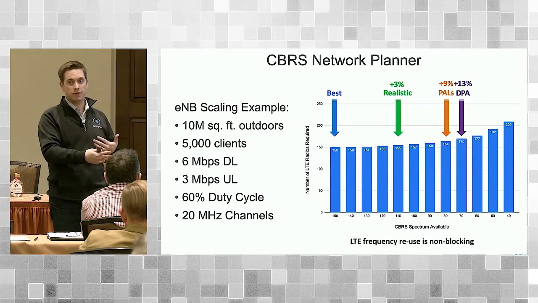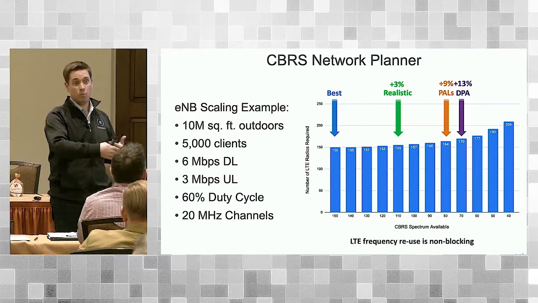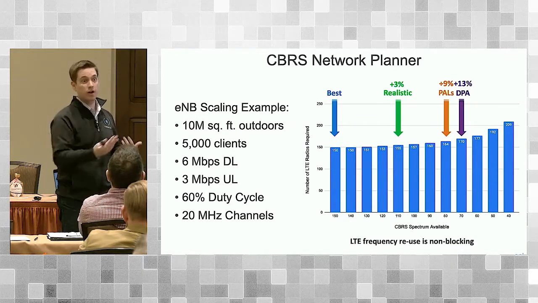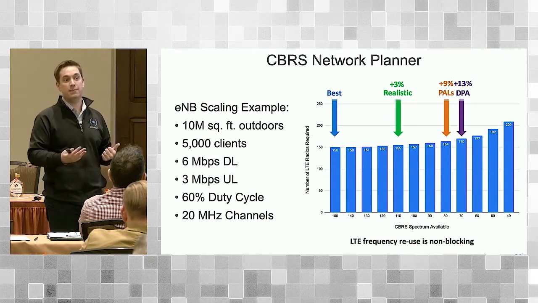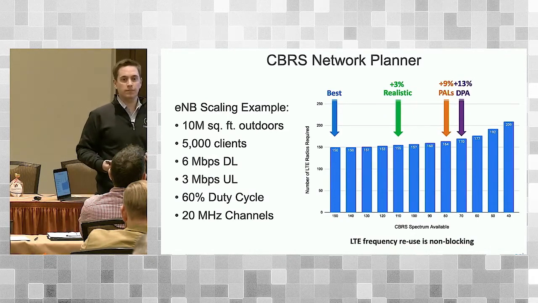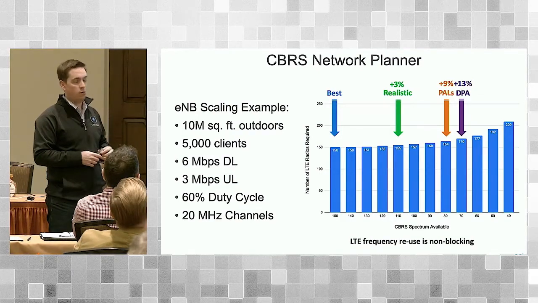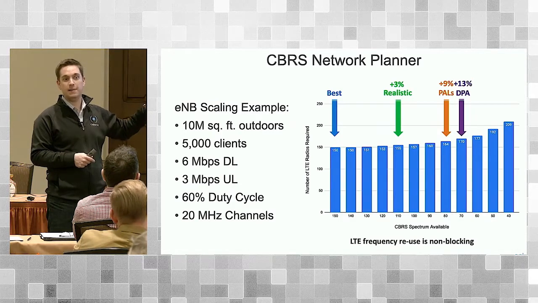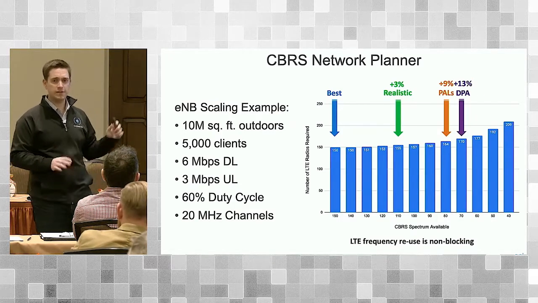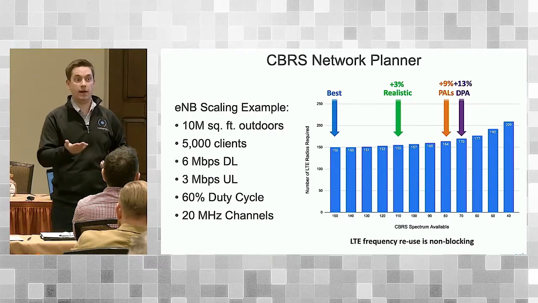Customers have budgeting and worst case scenarios: how much do I need to budget for? Well, let's budget as if all the PALs are taken, even though none are taken today, and I just need to increase my eNode B count by about 10%. It's not dramatic. So that's just to give you a flavor of what the planner takes into account as far as LTE frequency reuse and how that modeling is impacted. I don't expect you to understand the depth of that, just understand it's not dramatic.